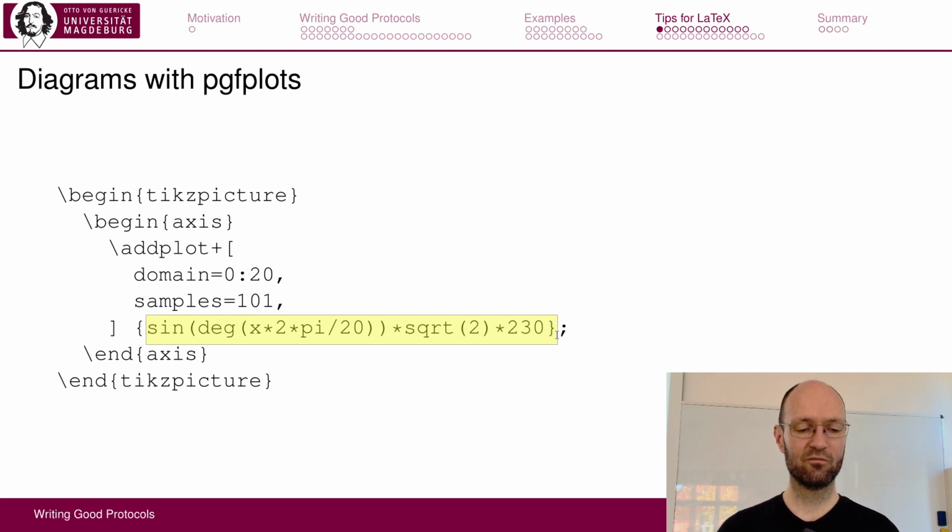Does anyone know what is the physical meaning of this sine function that we have here? So there is a square root of 2 times 230 for the amplitude.